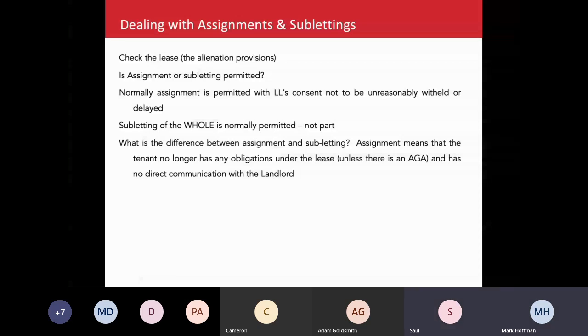Yeah. So what happens is, in that case, and this is quite a legal point, in the sale of the business, the lease is an asset, and it's a liability on the balance sheet. So that liability has to be transferred by way of an assignment to the new owners.